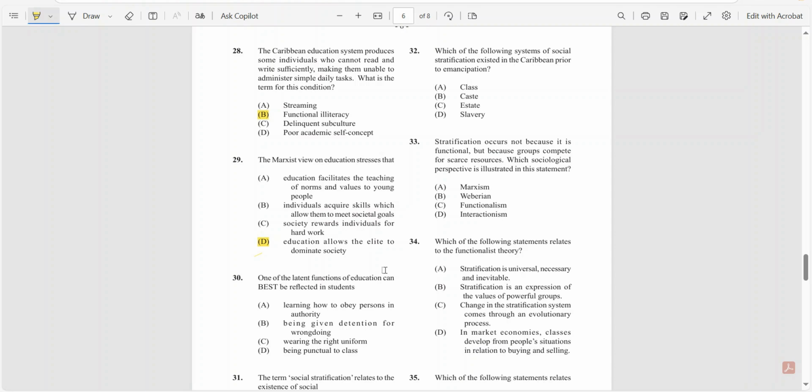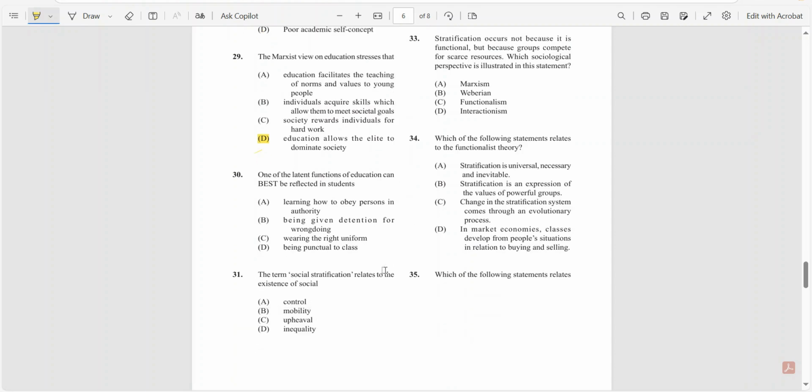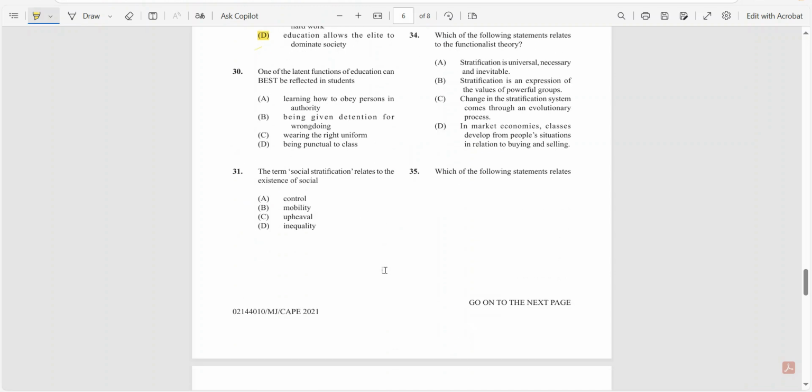30. One of the latent functions of education can best be reflected in students learning how to obey persons in authority.